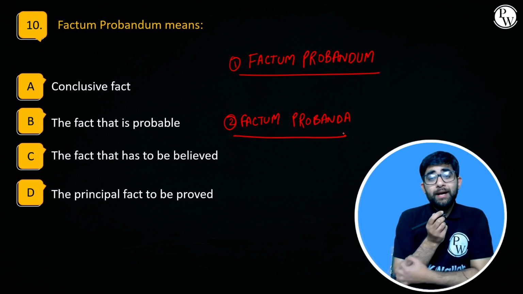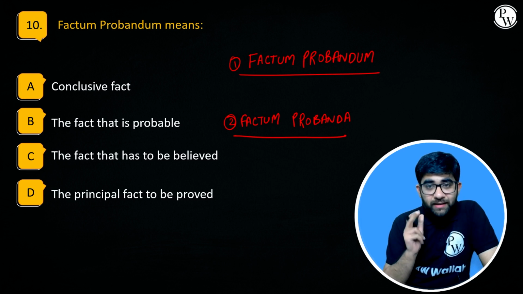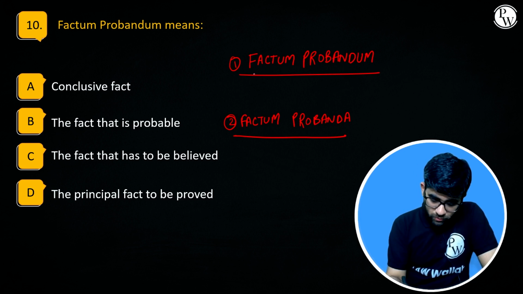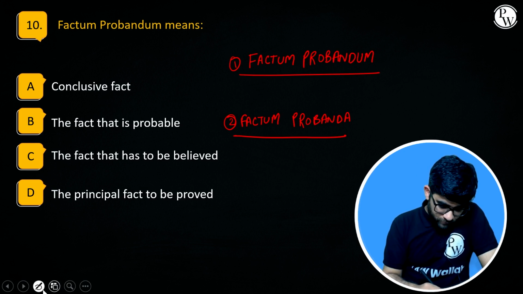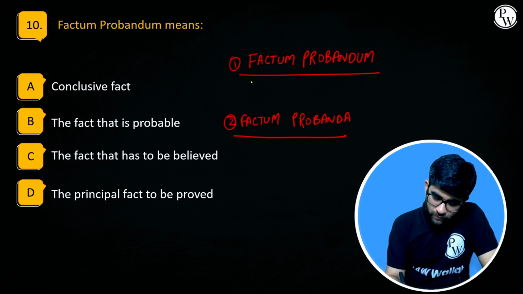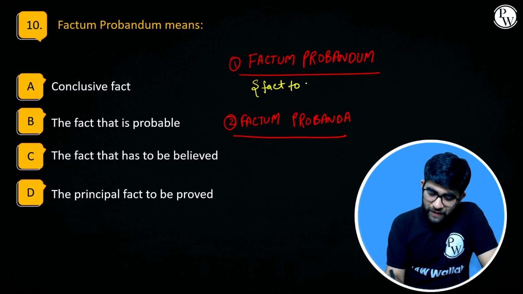So factum probandum means the fact that has to be proved. Fact to be proved. And this means surrounding facts.